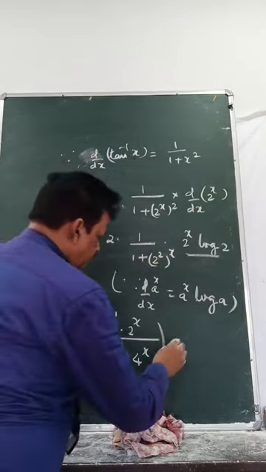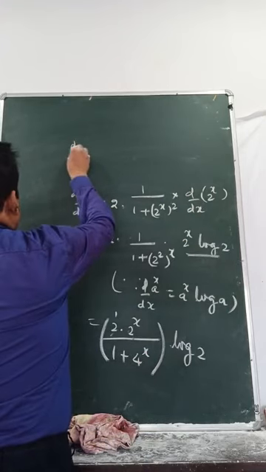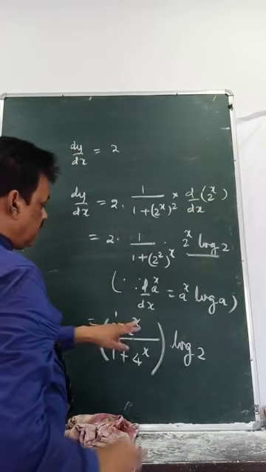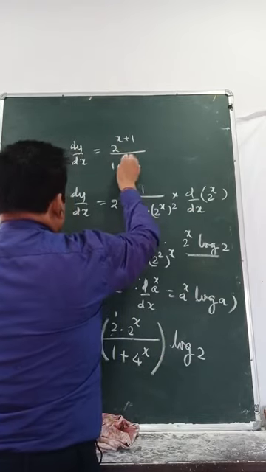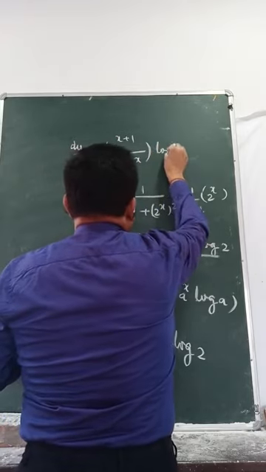Now when the base is the same, add the powers, so that will be the final answer. So the final answer is dy/dx equals 2 to the power x plus 1 by 1 plus 4 to the power x, and log 2.